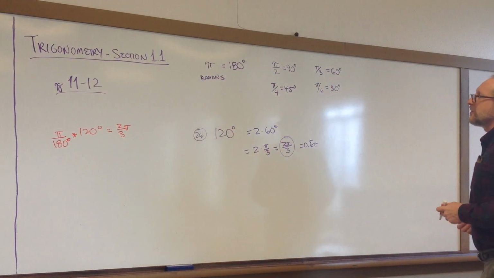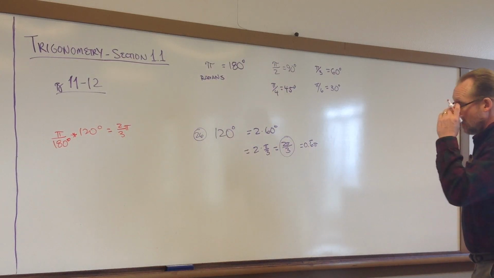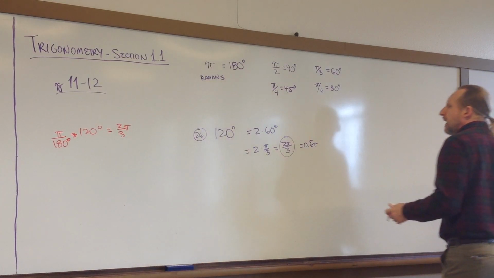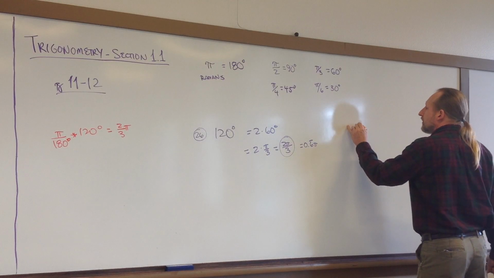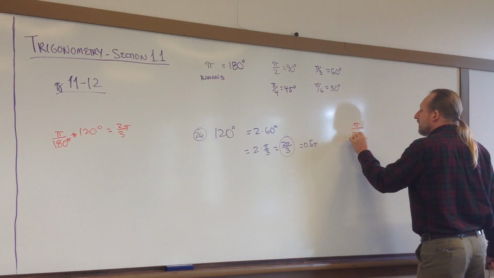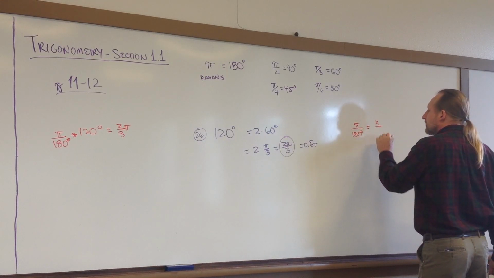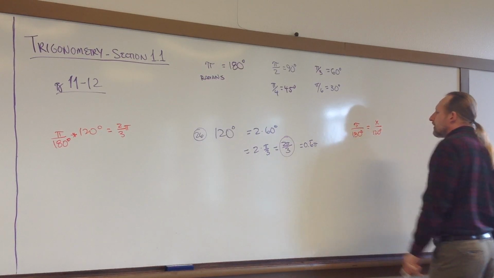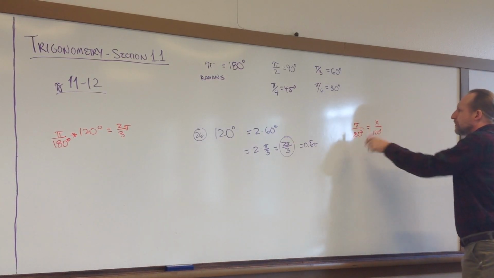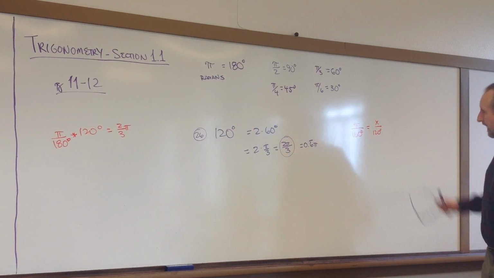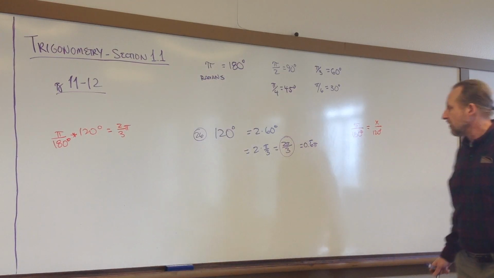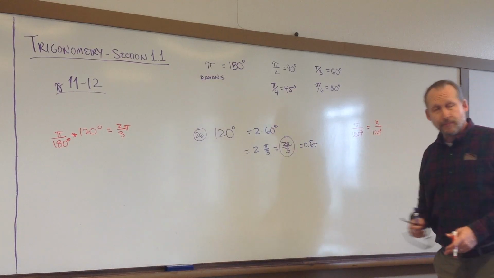The other thing you can do is, if you're really stuck, you can always fall back on a proportion. You can say pi radians is to 180 degrees as x radians is to 120 degrees. Cross multiply and solve for x, and you'll find as a decimal that'll be 0.6 repeating, or 2 pi over 3.